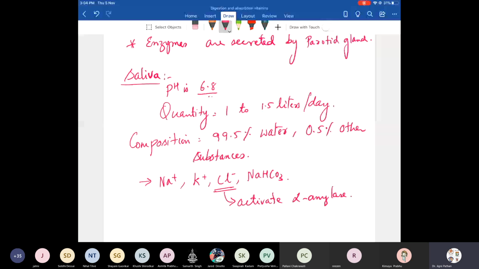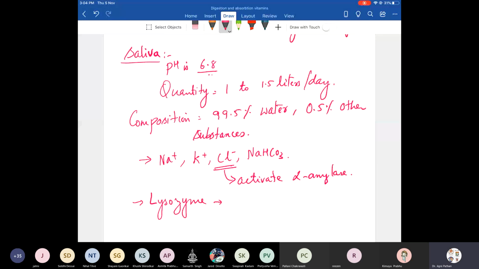And you also know it has lysozymes. It is bactericidal, it kills the bacteria, right?